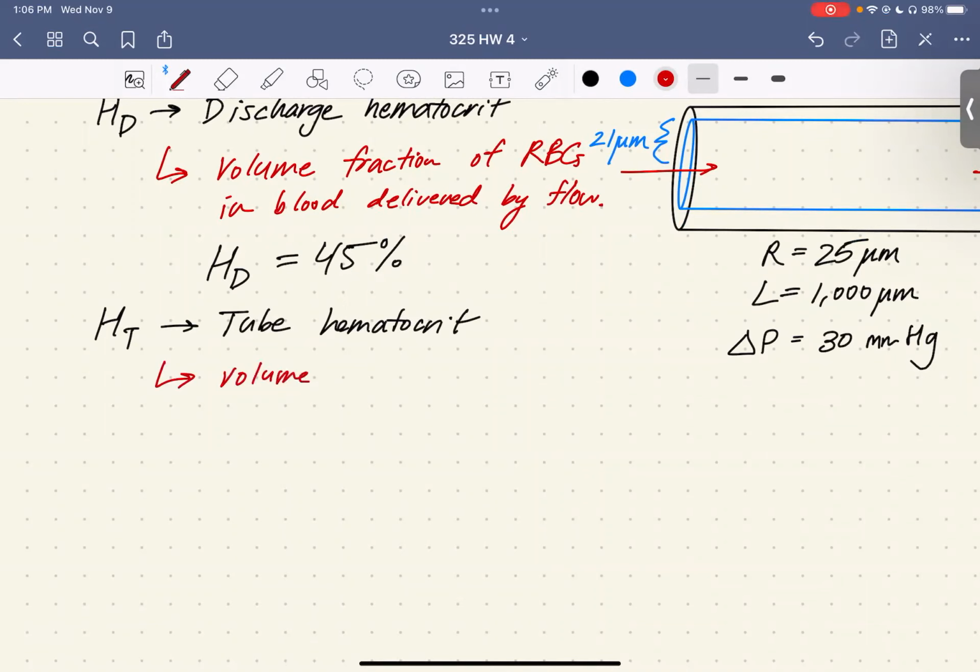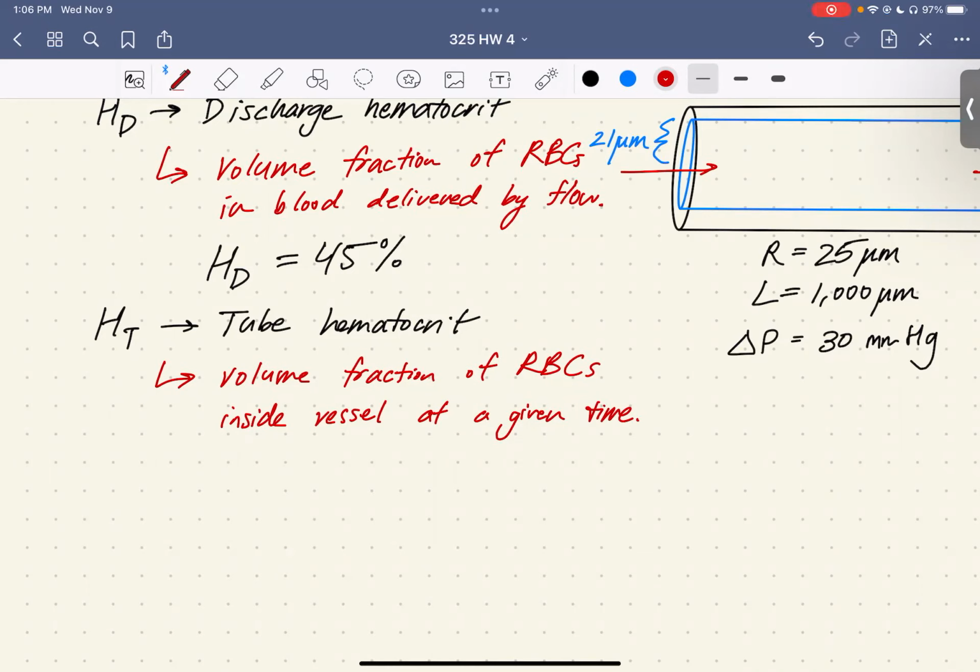So we have the volume fraction of red blood cells, and this is inside the vessel. So exactly as it means, it just defines the volume percent of the red blood cells inside the capillary tube that we are examining. So we do not know this.